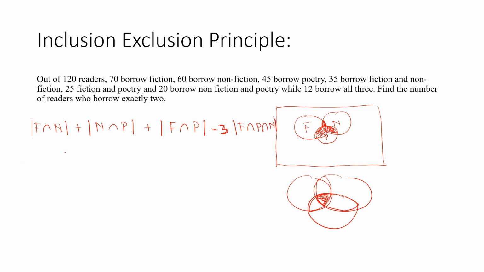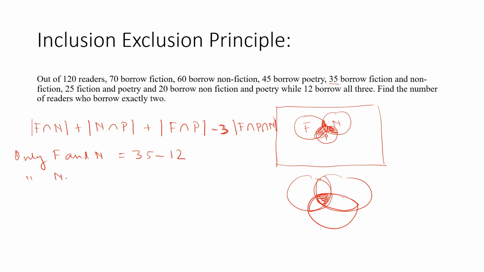Or another way is: only F and N, that means only fiction and non-fiction. How many readers borrow fiction and non-fiction? That is 35. 35 minus how many of them borrow all the three? 12.